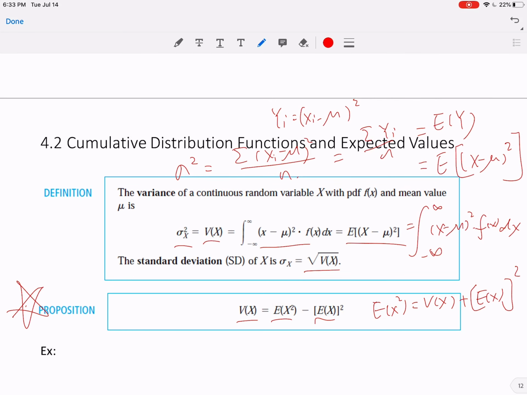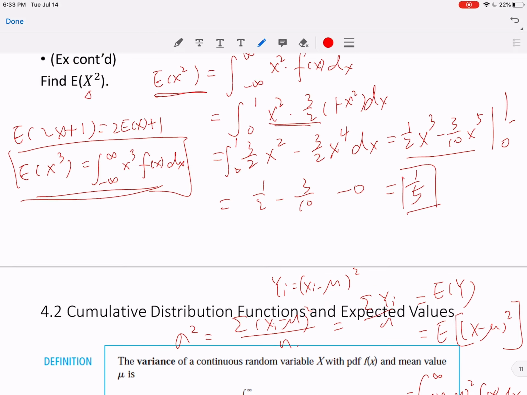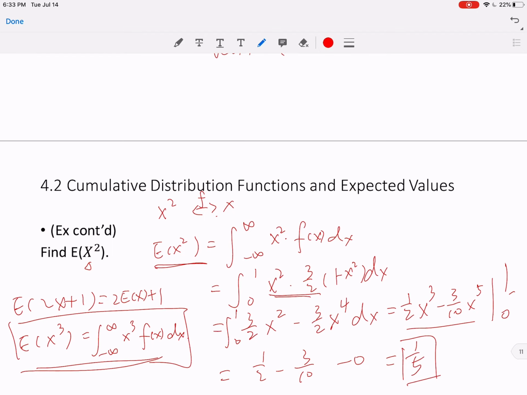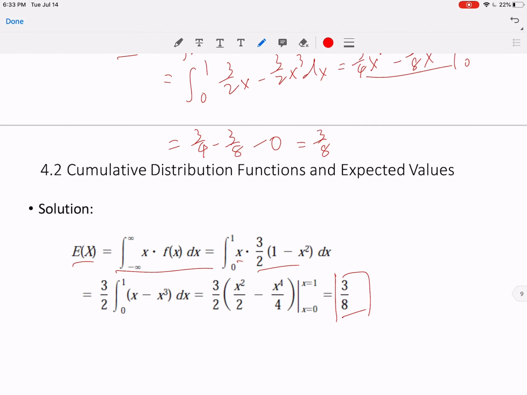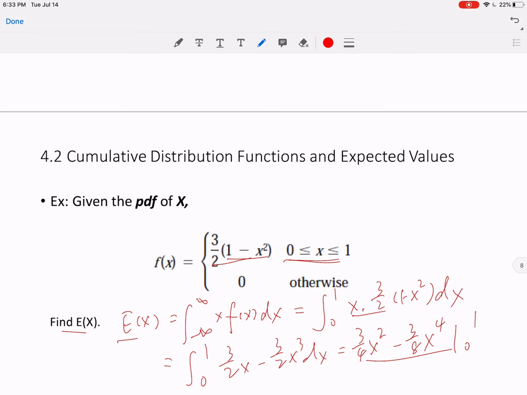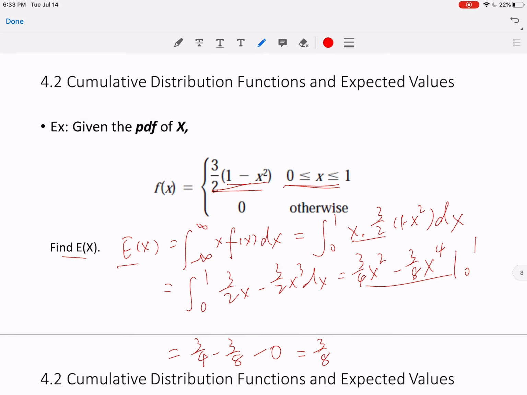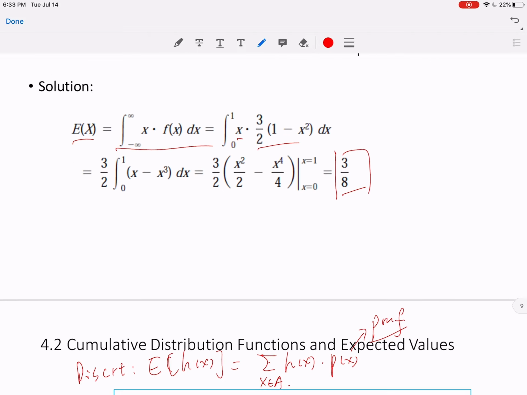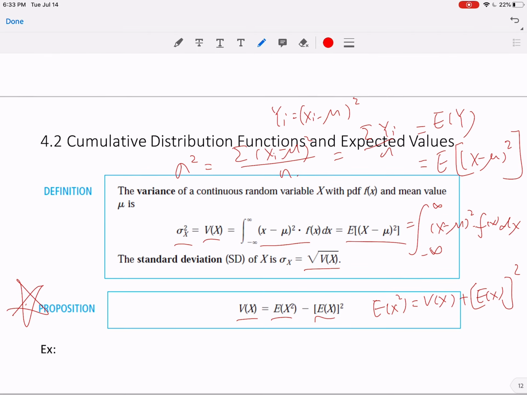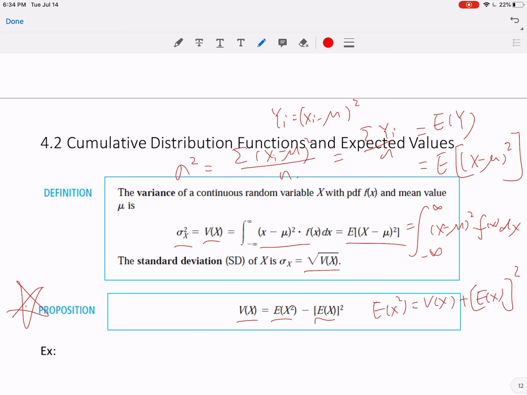Now let's take a look at the example we just went over. Still this example here, f of x is equal to that, okay? And we want to find the variance. Variance is equal to E of x squared minus the square of the expected value.